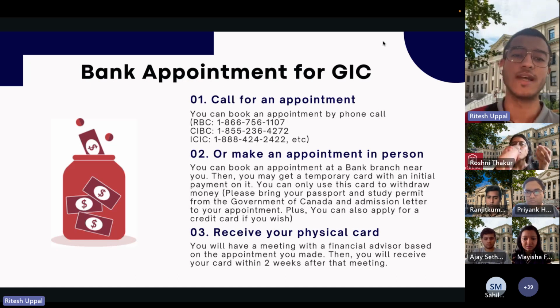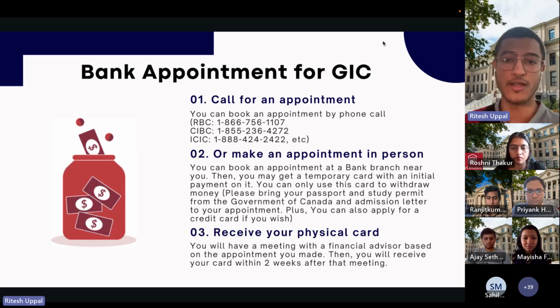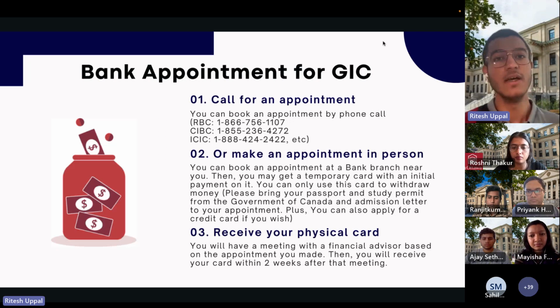So it's not that busy, but it's better if you get that appointment back in your home country. Some people make an appointment online. If you want to try that option, please do try it. It will save you a lot of time. And if not, you can come here in person, make an appointment, and based on that, you can simply get yourself the GIC.